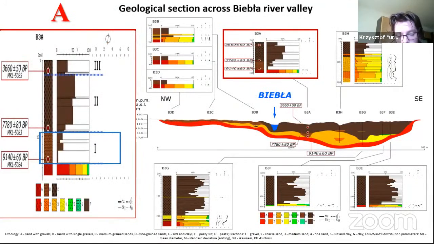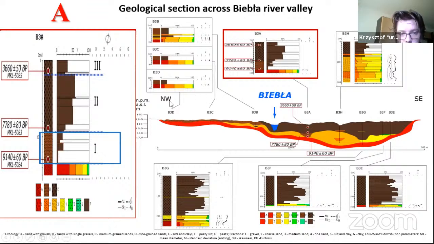This is the geological cross-section of the Biebła River. It consists of 8 boreholes, 2 meters in length. The valley has an uneven bottom made of sands and gravels. 2 sections were selected, in which different structures could be distinguished.